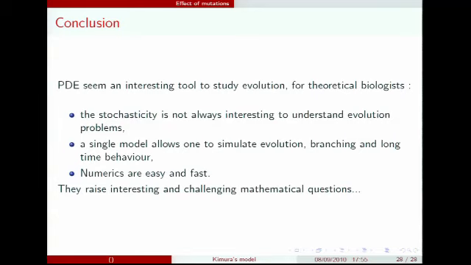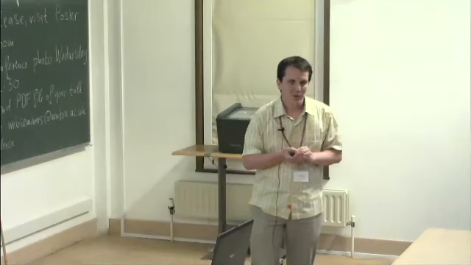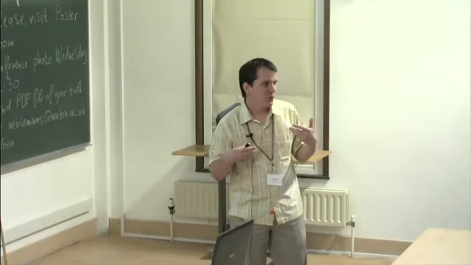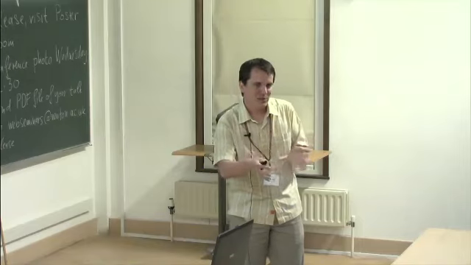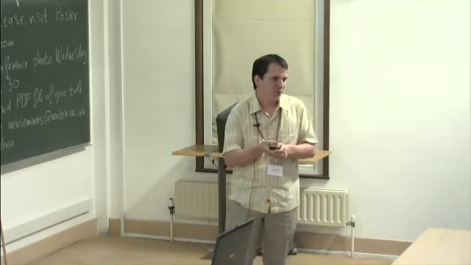Okay, so that's the end of my talk. So just a few conclusions. For theoretical biologists, those integral equations might be interesting. Some are using them because you don't have any stochasticity. So if you look at a very large population of bacteria, for instance, it might be interesting to remove stochasticity if it's not necessary to the comprehension of what happens.